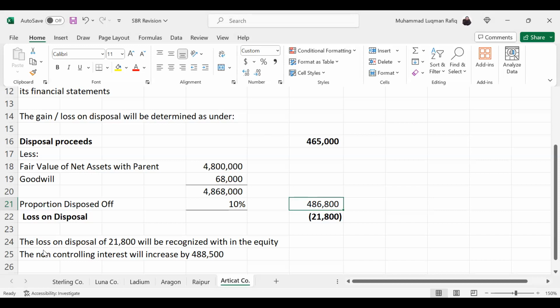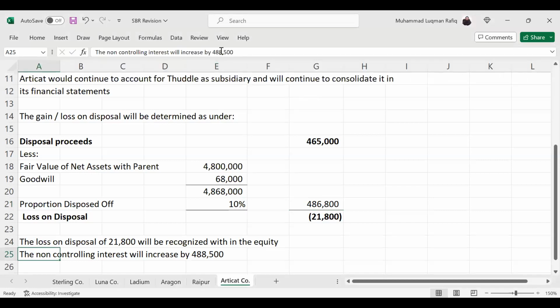The non-controlling interest will increase not by 488,500. You would rather say 486,800. 486,800 is by this. Okay, lovely. Thank you. Now let's move on to the next part of the question.